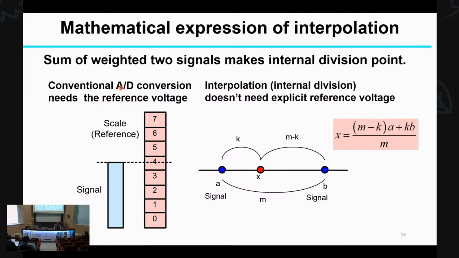So conventionally, the ADC uses a voltage difference to make the signal. However, in the conventional method, there is no need for some explicit reference voltage, just using resistors.